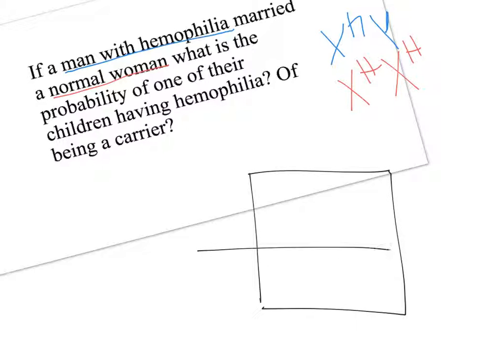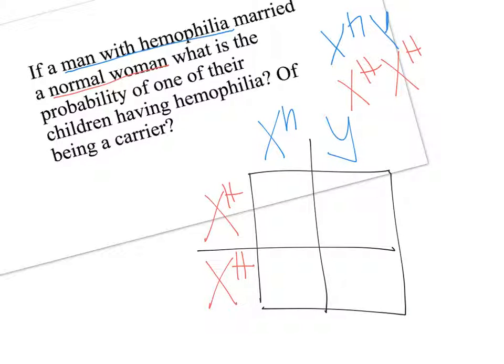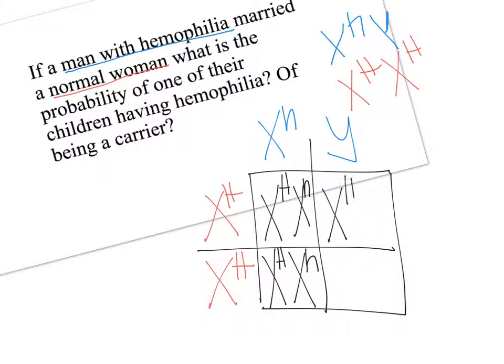So she is X big H, X big H. He is X little h, Y. So the possible offspring they could have, okay, so let's see.